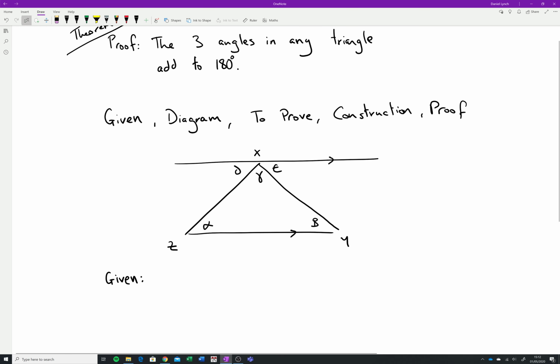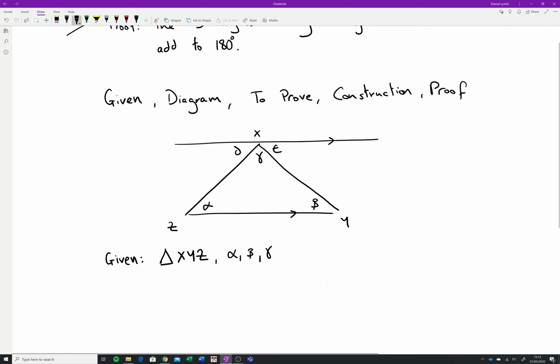Some things don't change. Okay, given. Well, what's given to us is a triangle. It's got the name XYZ, and three angles. I suppose you can just say what's given to us is angle alpha, beta, and gamma. That's what's mentioned in the proof, but there's nothing else that's mentioned in it.